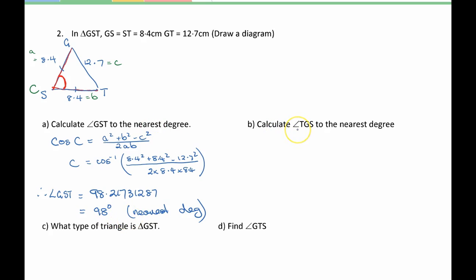Then it says calculate the angle TGS. Now, we can save ourselves some time here if we understand the type of triangle that we've got. Because these two sides are equal, then we should know that this angle and this angle are also equal.